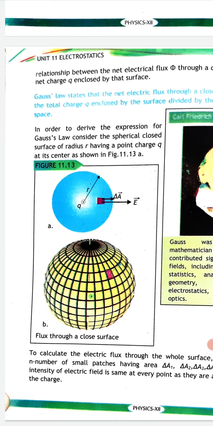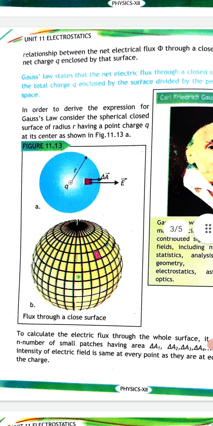Okay, so now I am going to find the electric flux through the closed surface. Of course, this is not a flat surface, as we discussed in the previous lecture. So we have to make a supposition: we divide the whole closed surface into small segments, the area of each segment is represented by delta A, and the electric field across this segment is E, which is also uniform.